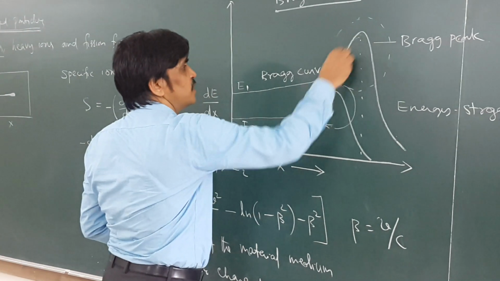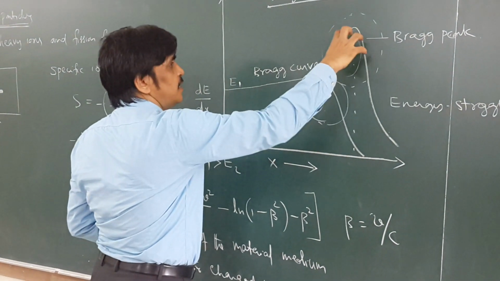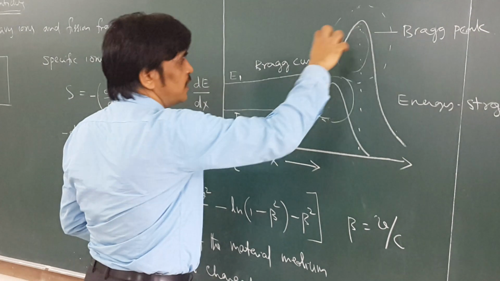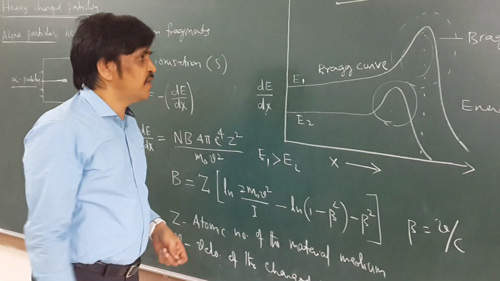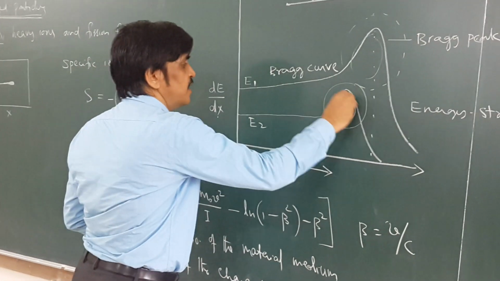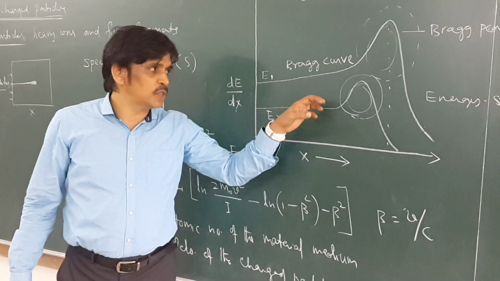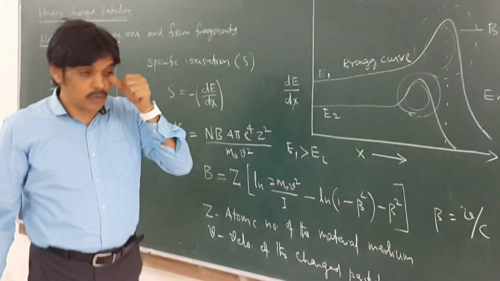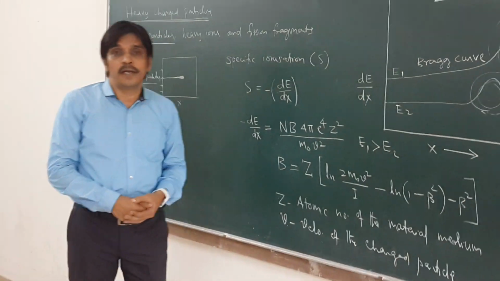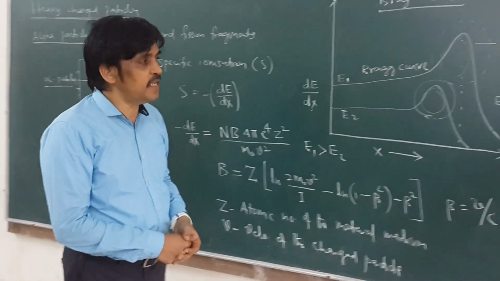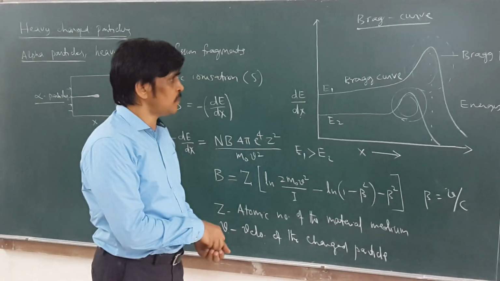If the position of the tumor is somewhere here, you can fix the position of the Bragg peak at that location. If it is somewhere here, then by tuning the energy, you will be able to target the tumor. So this is one of the applications of heavy charged particles in radiation therapy to treat cancer patients.